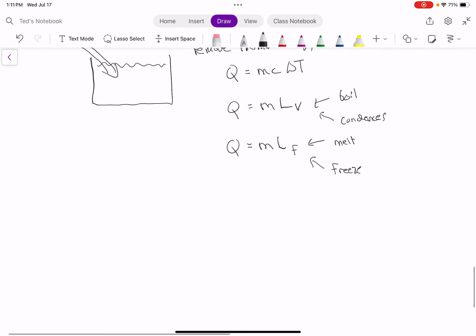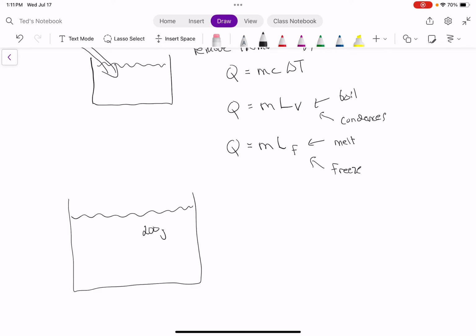So, as a simple example, I'm making this up off the top of my head. If I have an isolated container filled with 200 grams of liquid water and a 50 gram ice cube, and the ice cube starts out at 0 degrees Celsius and the water starts out at 20 degrees Celsius.